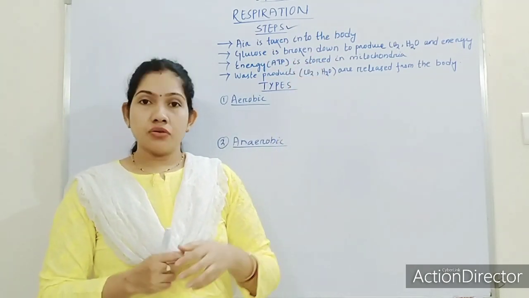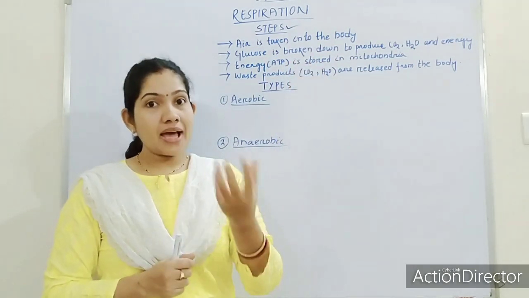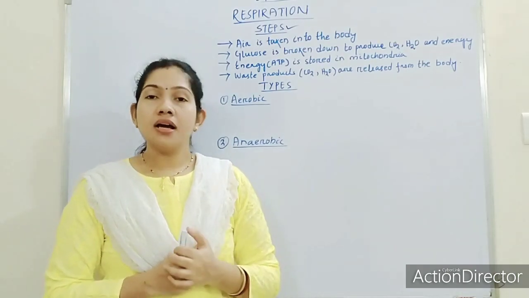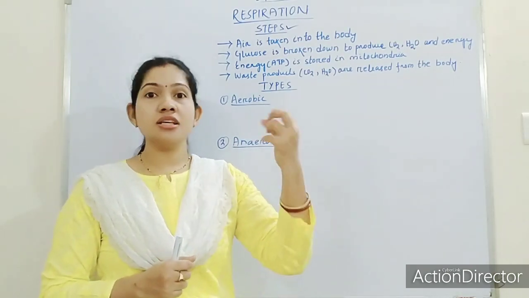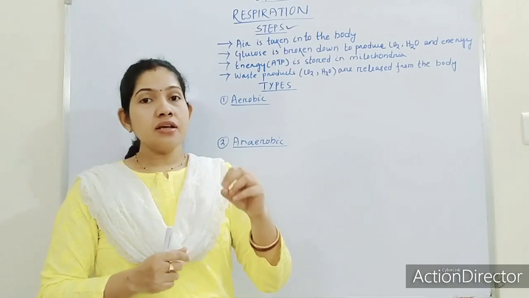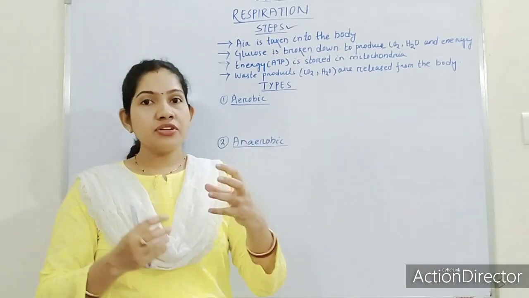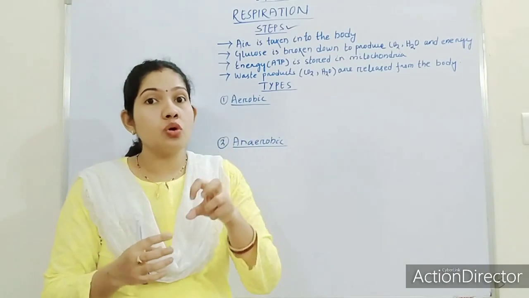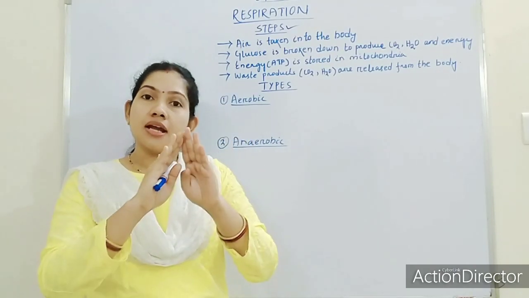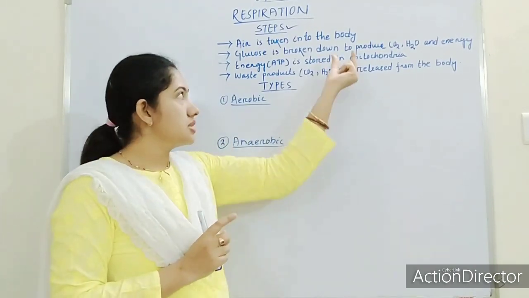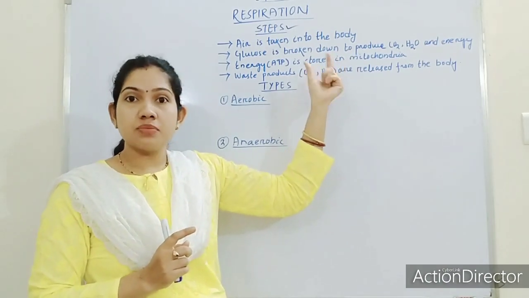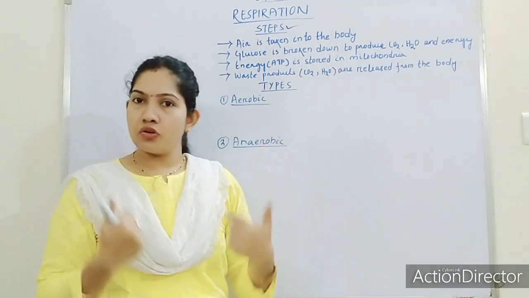Where will they get glucose from? By photosynthesis. By undergoing photosynthesis, they already store glucose, and when they take oxygen from the atmosphere, the glucose formed inside their body will break down. So the first step is taking of air.